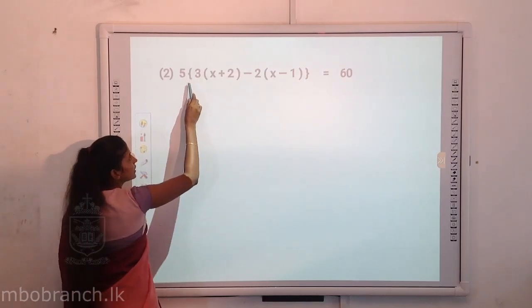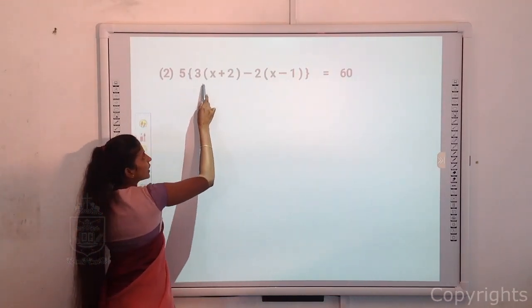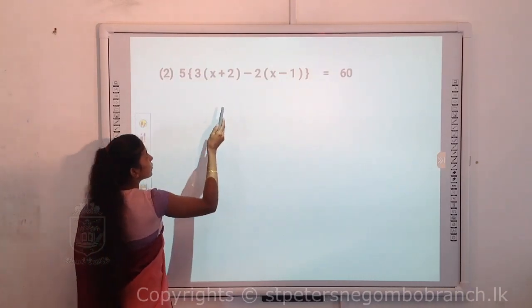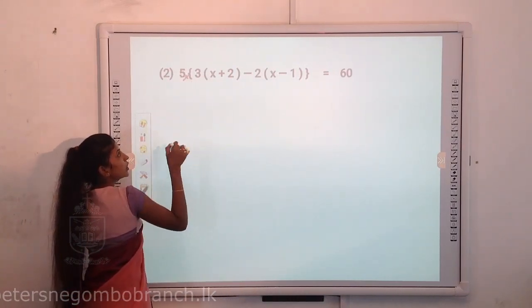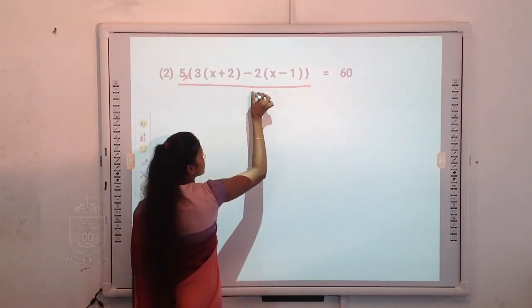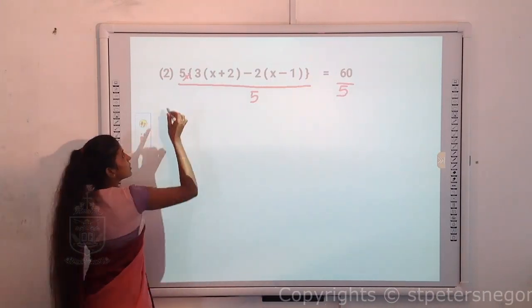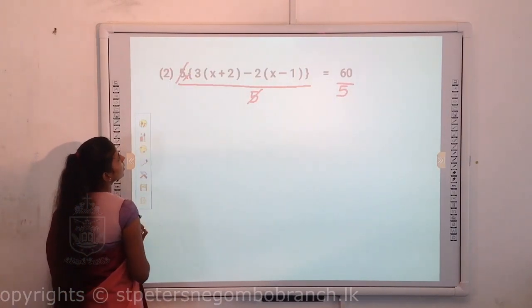Here the meaning of this curly bracket is 5 is multiplied by this whole expression from here to here. So we can cancel this 5 at first. Since it is multiplication, you can do the opposite of multiplication. That means division. So we can divide the whole expression by 5. So this 5 cancels.